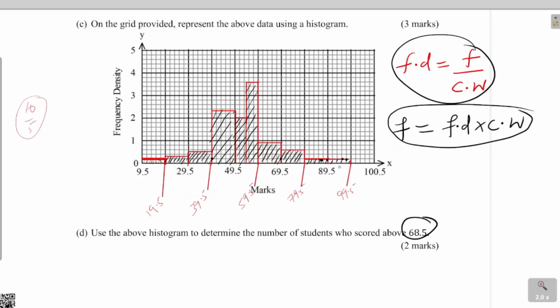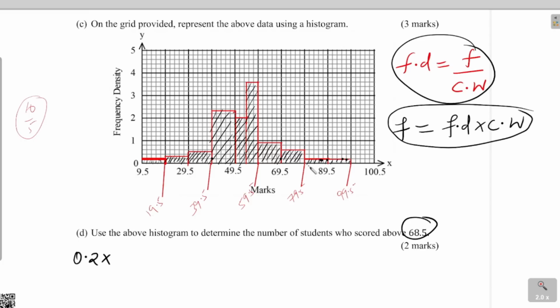How many students scored in that bar? To get the frequency there, we take the frequency density of that class, which is 0.2, then multiply by the class width. The class width there is 10.